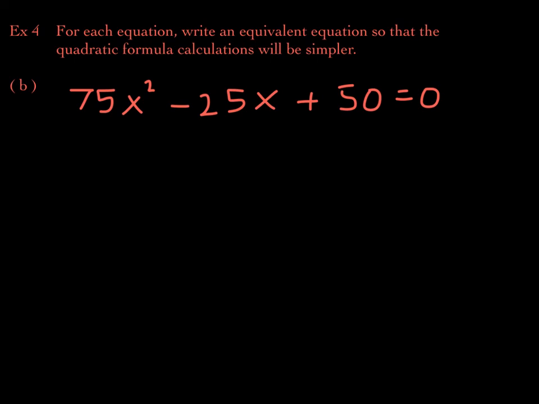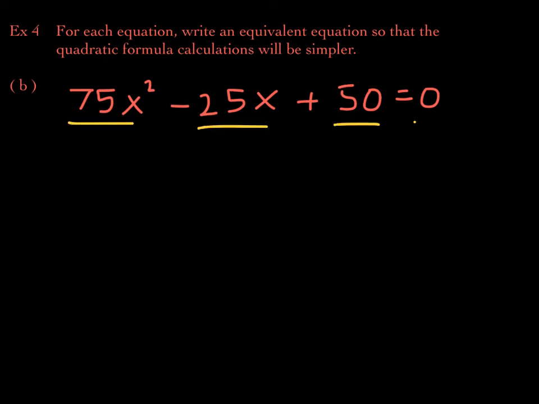This next equation would be quite challenging to solve using the quadratic formula, namely because these coefficients are relatively large. What you can do instead is you can make these coefficients smaller if you divide by the GCF, the greatest common factor. And in this case, that would be 25.